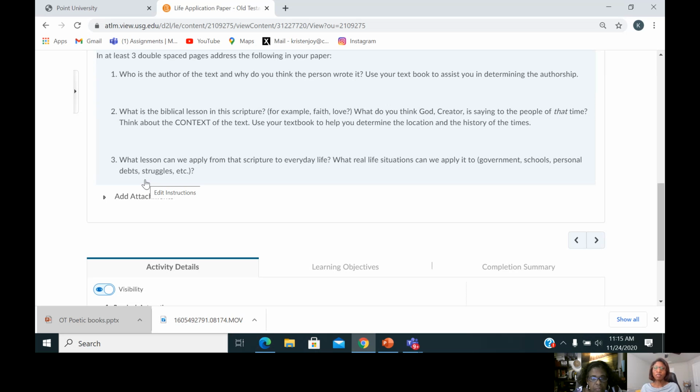And so I want you to apply it to everyday situations. Maybe it is something in that scripture that reminds us of what's going on with our government or schools, or maybe it talks about personal debts or struggles, following directions. Okay, so I want you to expound on these three areas. You shouldn't have, let's say, for example, in point 3, what lesson do I learn?